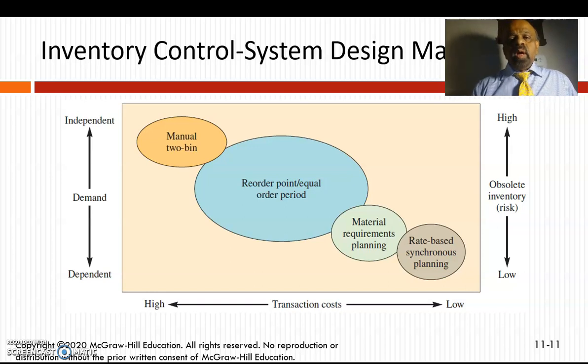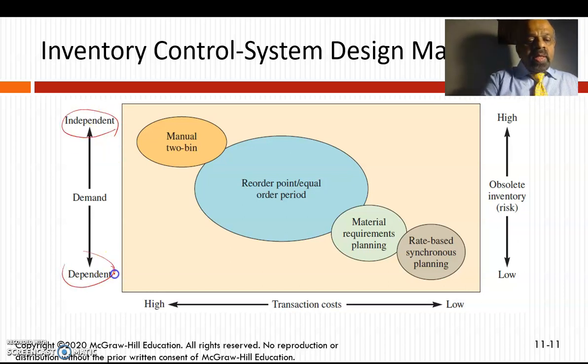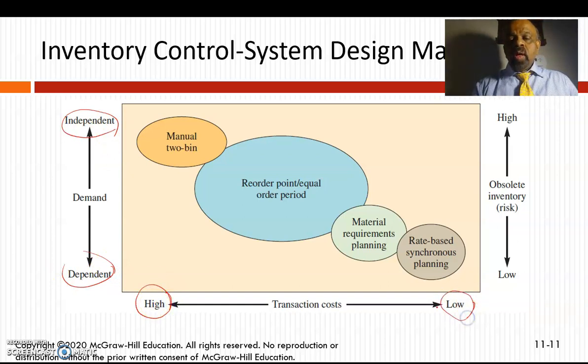We have a design matrix here of inventory control system. So let's say we have an independent and a dependent demand. We have transaction cost high and low, and we have risk, which is obsolete inventory, which is high and low.